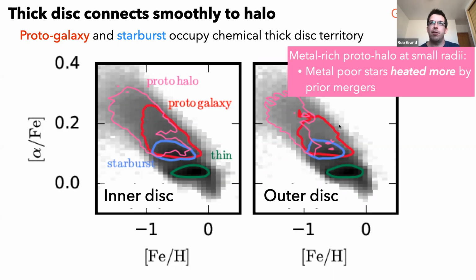Now, there's a very similar story in the outer disk, except this metal poor protohalo material is not really present. And this to me indicates that the metal poor stars are heated more by prior mergers, which are then able to reach these larger radii and have a larger extent than the metal rich protohalo.